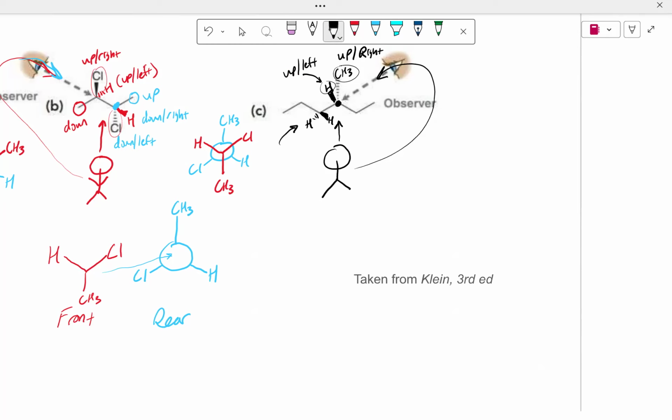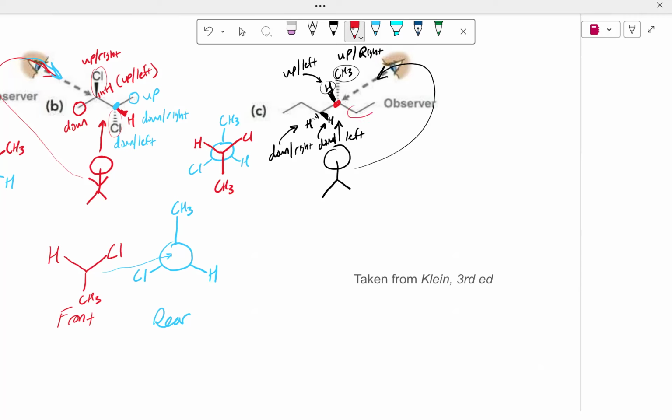And so with these, that hydrogen would be down and to the right. And that one would be down and to the left. Okay, so let's draw what our front carbon looks like. Again, we're looking at this carbon for our front carbon.